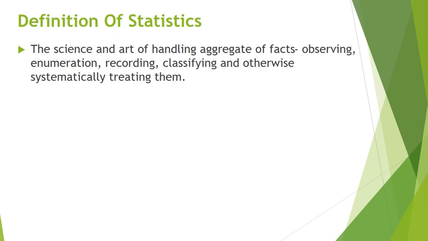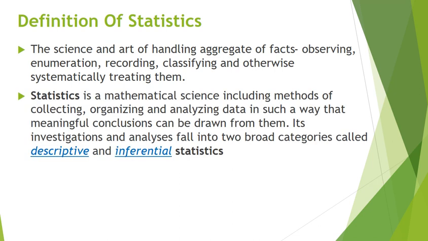The first definition of statistics is that it is the science and art of handling aggregates of facts, observing, enumerating, recording, classifying, and otherwise systematically treating them. Another definition: statistics is a mathematical science including methods of collecting, organizing, and analyzing data in such a way that meaningful conclusions can be drawn from them.